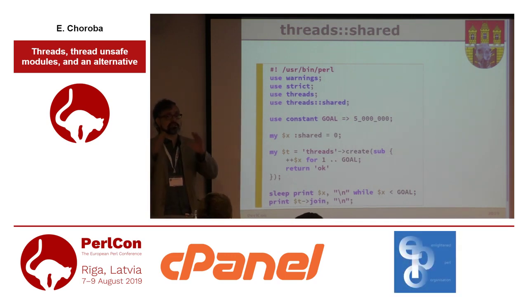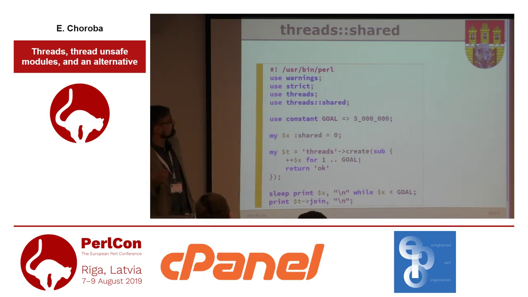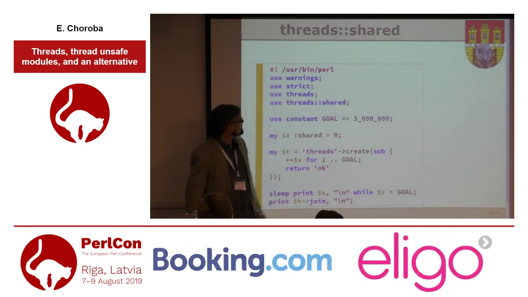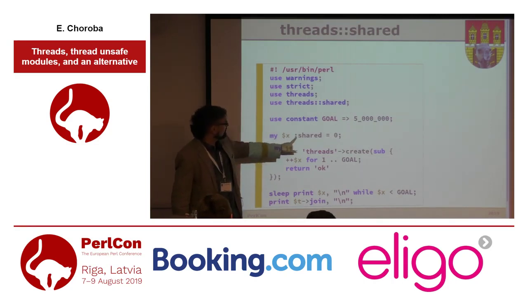When you create a thread, it creates a copy of everything that has been done so far, all the variables, the whole environment. But anything created afterwards stays within the thread and is not shared. If you want to share something between the threads, you need to use threads::shared. Here is a short example.